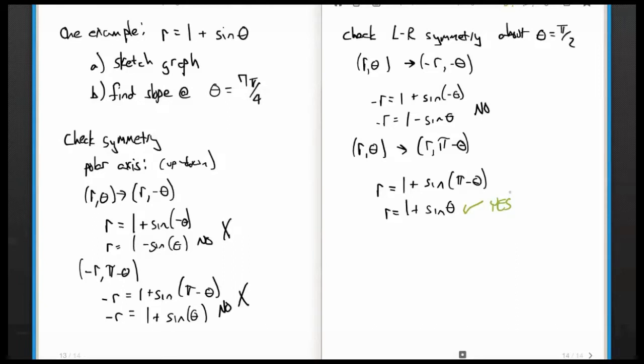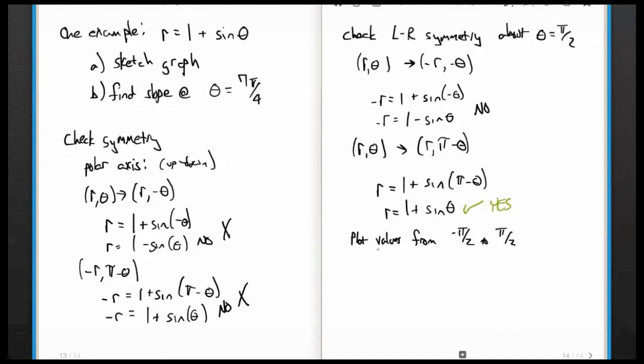Okay. Now I'm going to plot this. So make a table of values. Since I know it has left-right symmetry, I'm going to plot values from only negative pi over 2 to pi over 2, because whatever I get on the right side is going to also happen on the left side.